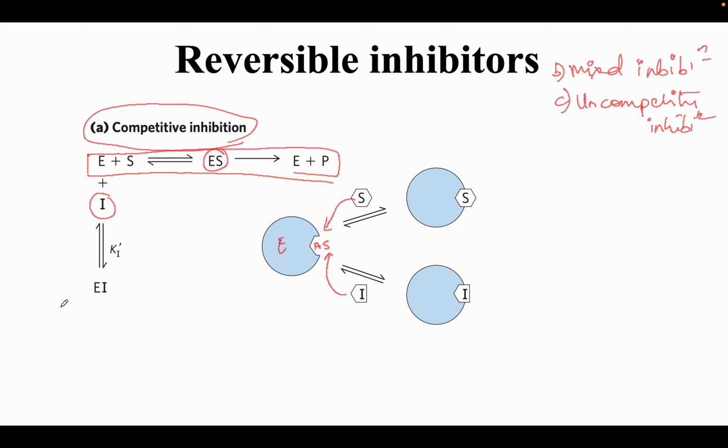That's why in competitive inhibition, inhibitors bind mostly to the active site, because of the geometrical complementarity. So there will be a competition between substrate and inhibitor over which one will bind to the active site.